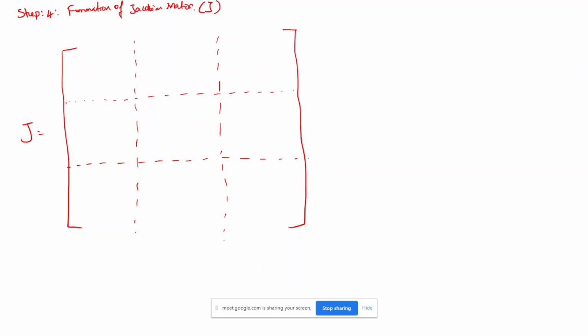Yesterday I said, which order of derivatives will we get here? First order or higher orders for the Jacobian? Only first order derivatives will be there in the Jacobian matrix, right? That is what I mentioned yesterday.